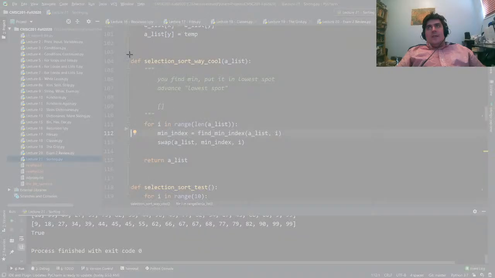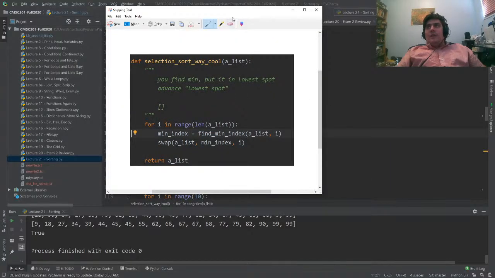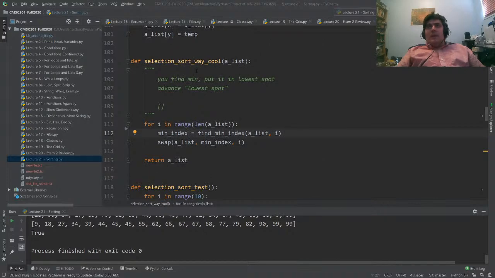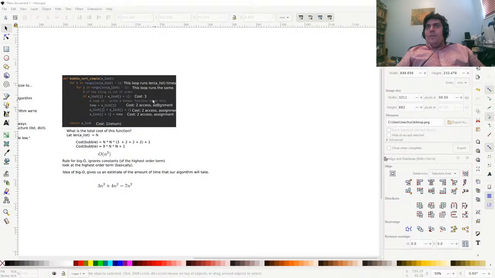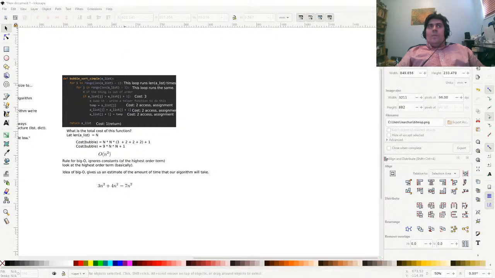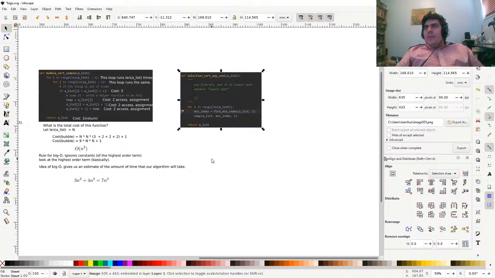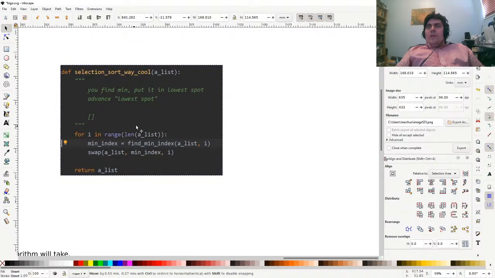They're just there to make us see things. So let us do that. And then here, let's copy it and paste. So let's look at this algorithm.